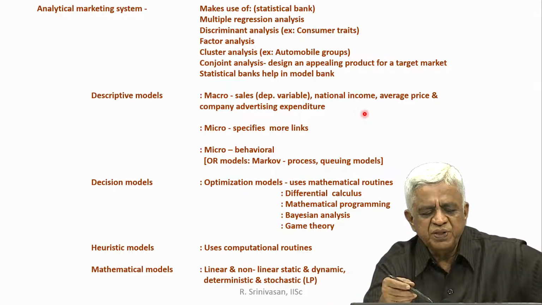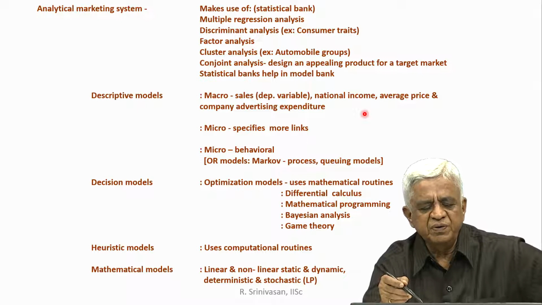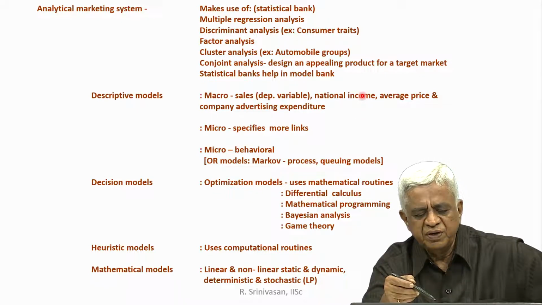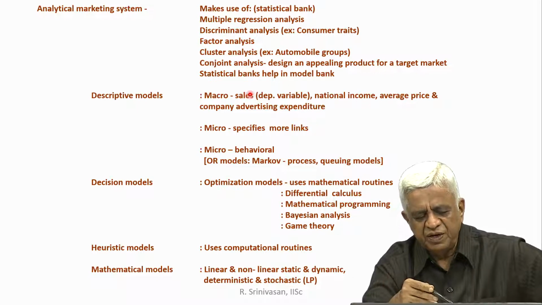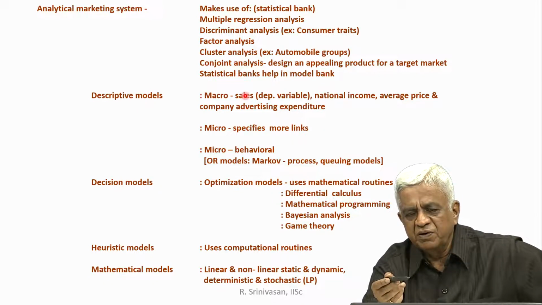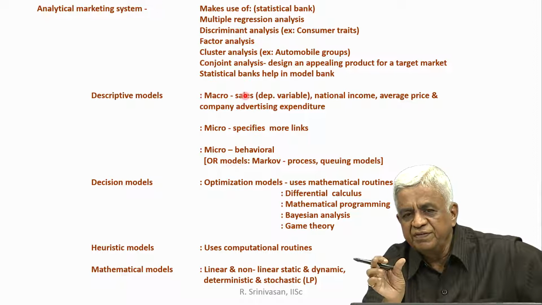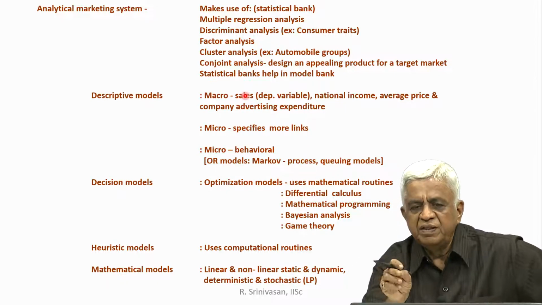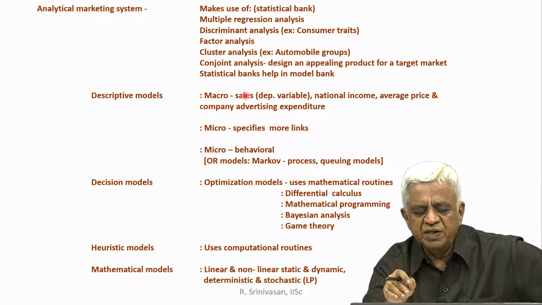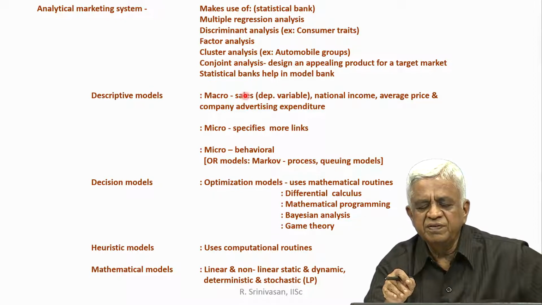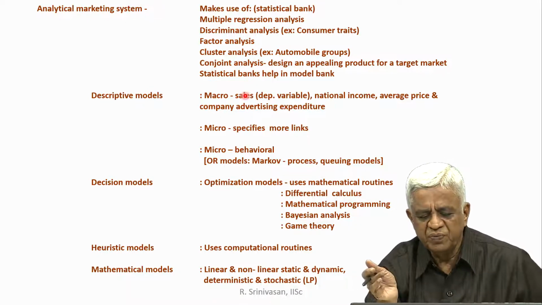When we move to the descriptive models, we look at two types of models initially. That is, we look at macro models where the links are limited. Then we look at the micro model where the links are more.